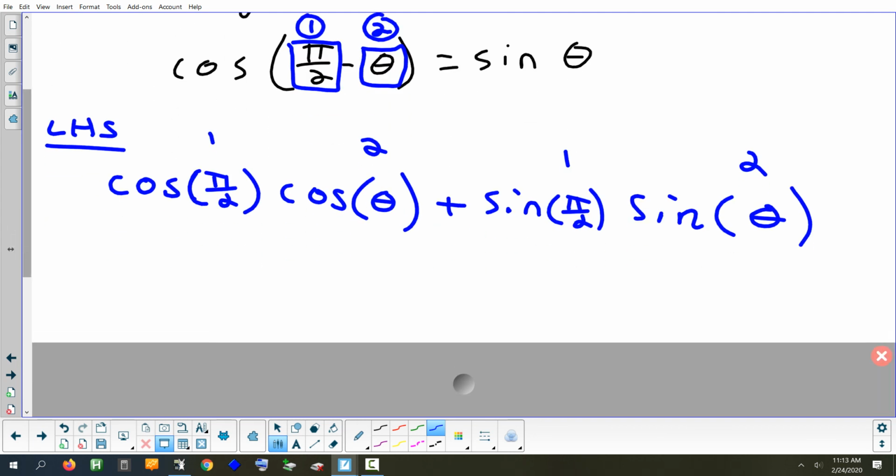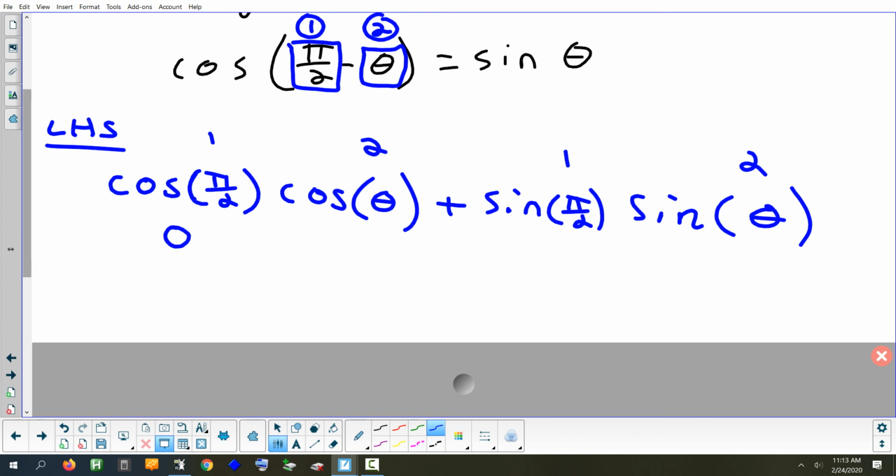So now we'll type in the ones that are numbers and see what happens. You type that in radians. What's the cosine of pi over 2? Yeah, 0. I'm just going to write that below it.